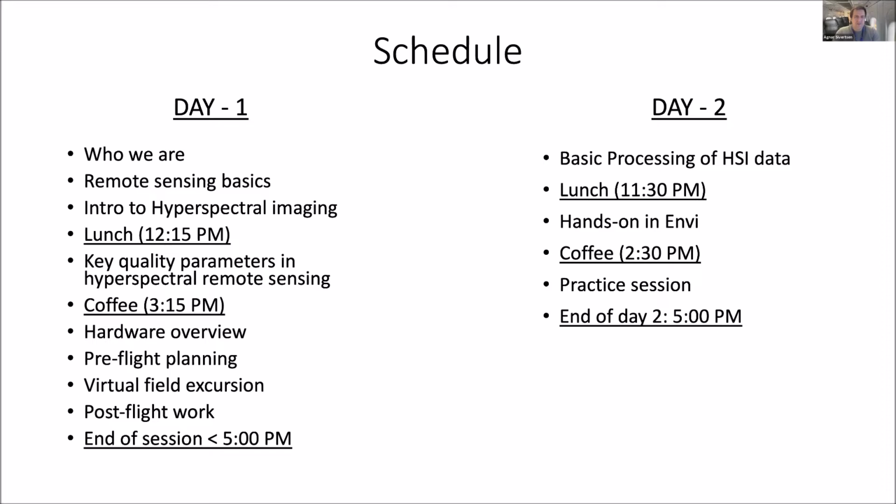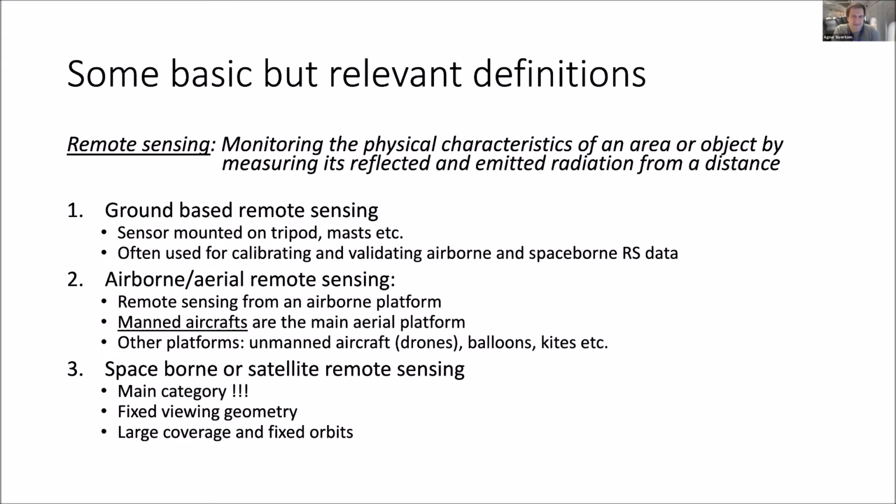But first, I will go through some very basic definitions that you will hear about later in this presentation. This is probably well known to most of you, but here it is. We define remote sensing as the process of monitoring physical characteristics of an area or an object by measuring its reflected or emitted radiation from a distance.